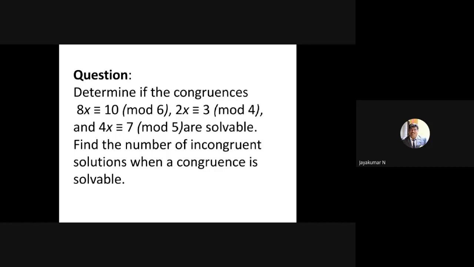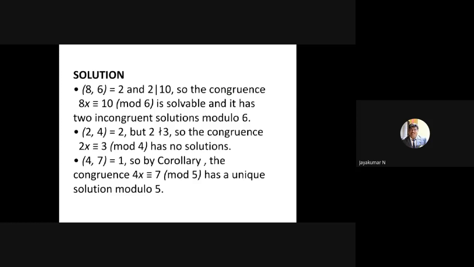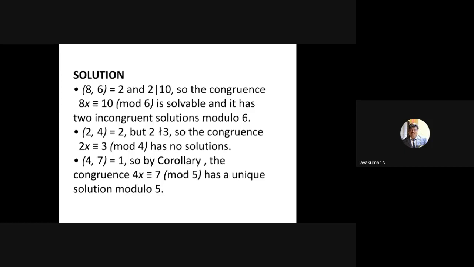First you have to find the GCD of a comma m. So the GCD of 2 comma 4 is 2. Here b value is 3, d value is 2. So 2 does not divide 3. So the congruence has no solution, which means the linear congruence is not solvable.